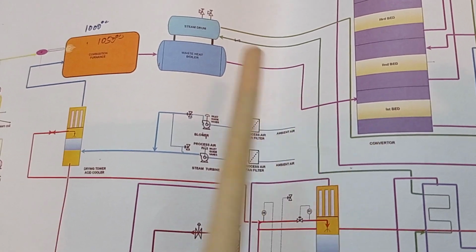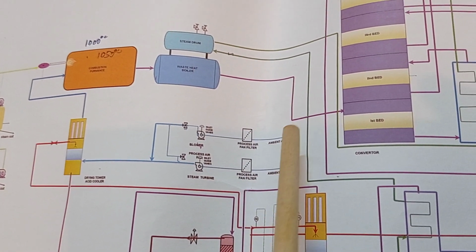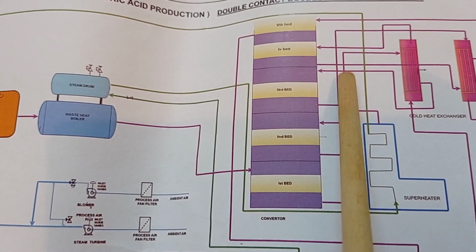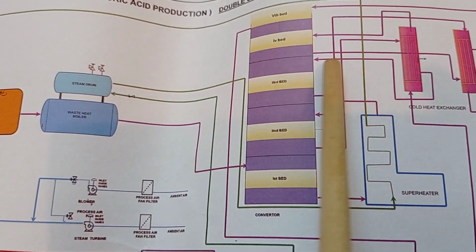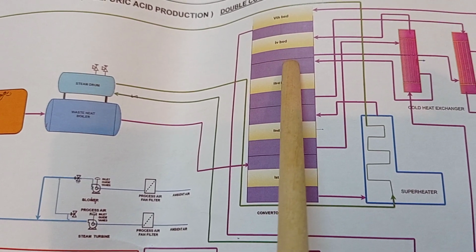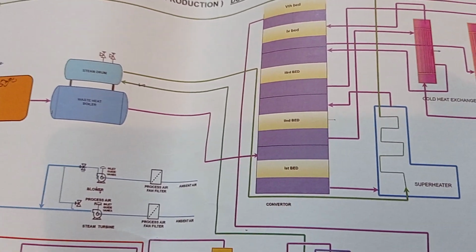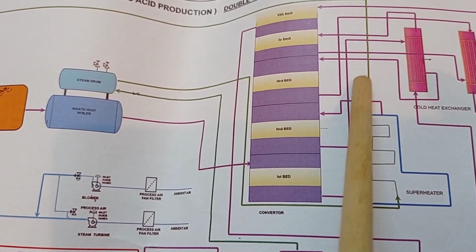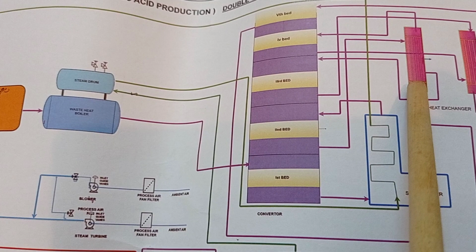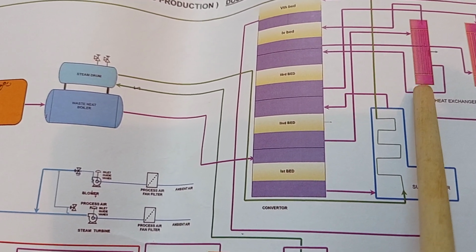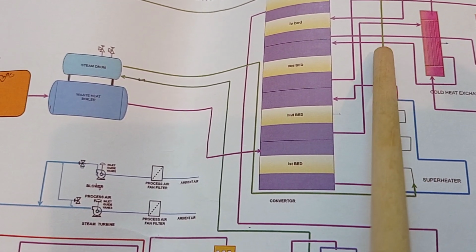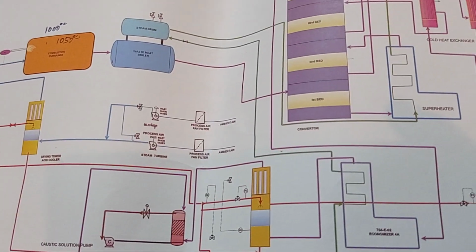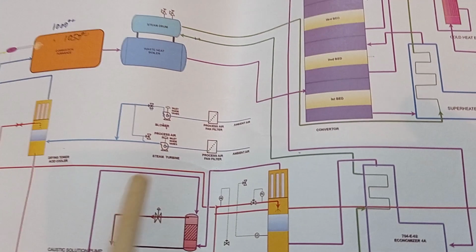For example, if we have an exchanger here and we put a TIC, a temperature indicating controller, with the third bed temperature set at 420: if the temperature is more, the control valve will open and send the gas to the exchanger. If the temperature is less, it will not send the gas to the exchanger, and instead it will go to bypass. So this all depends upon the control valves that you maintain.